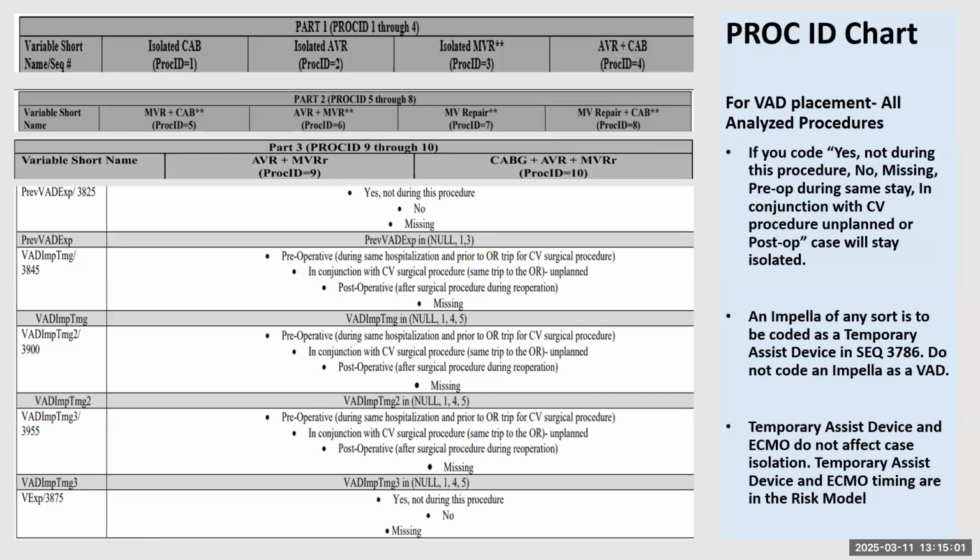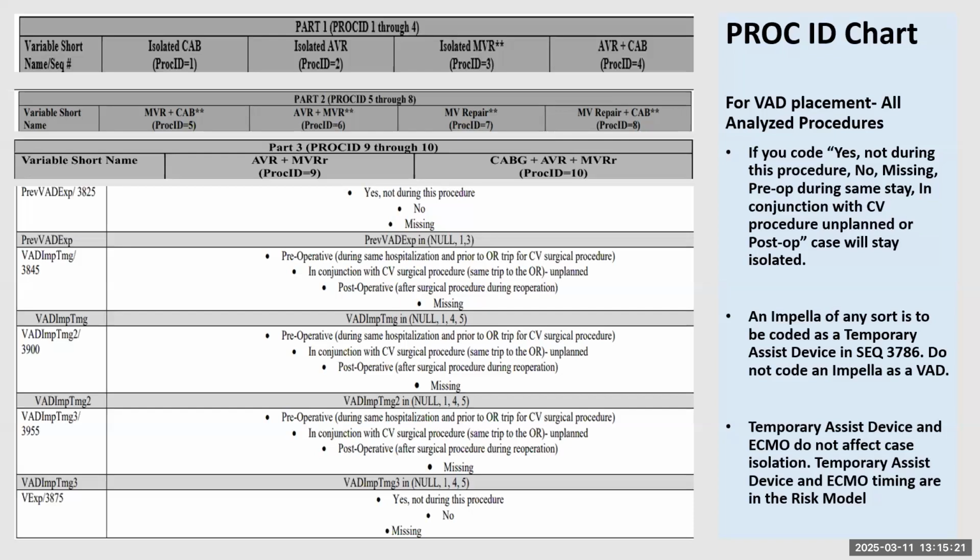So this is why it's so important that you know that an Impella of any sort is coded as a temporary assist device. It's not coded as a VAD. And I get lots of questions about that.